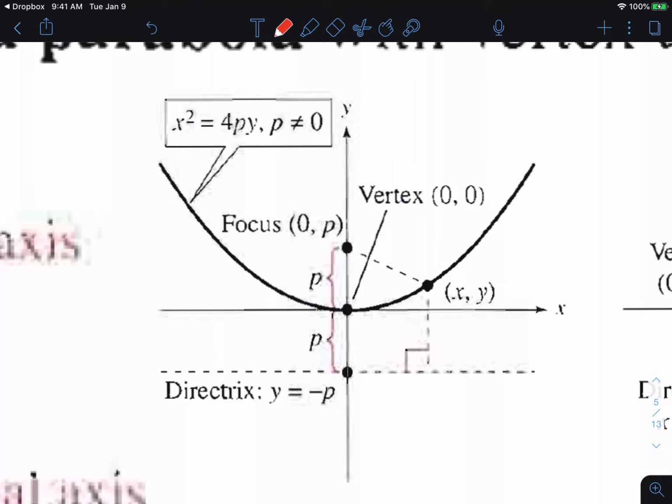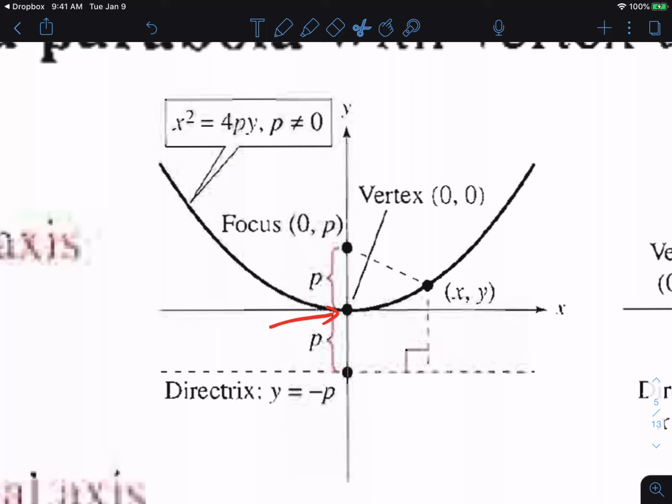We always talk about this in terms where p is never equal to 0, because that would flatten out everything. But let's take a look at this. You see the focal point off the origin, so here's the origin right here. The focal point is p up from the origin.